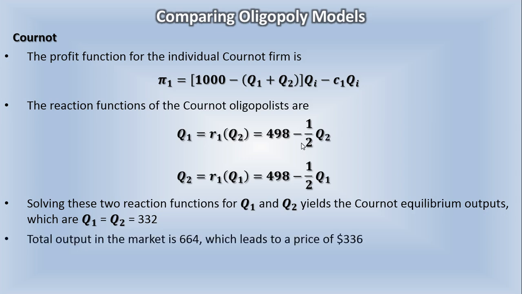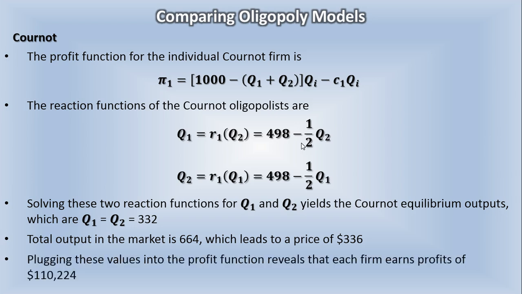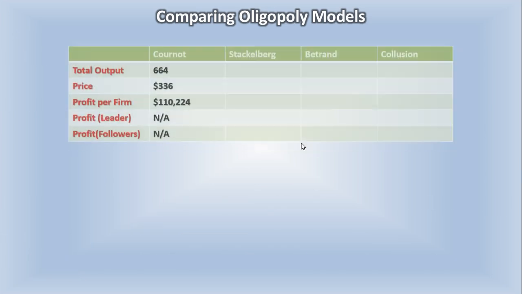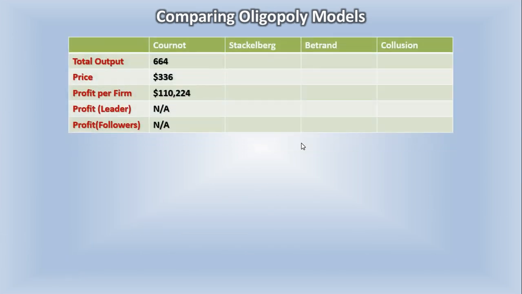So total output in the market is 664, which if you plug that into the inverse demand function gets us to a price of $336. And plugging those values into the profit function reveals that each firm earns a profit, in this case, of $110,224. All right, so that's the result for the Cournot setting.